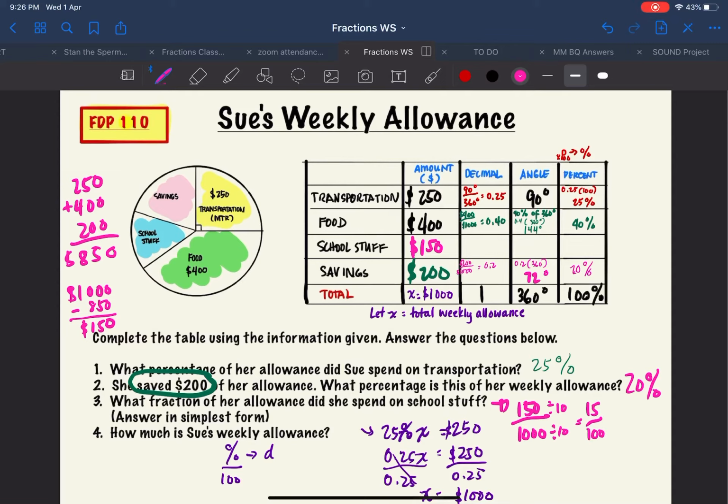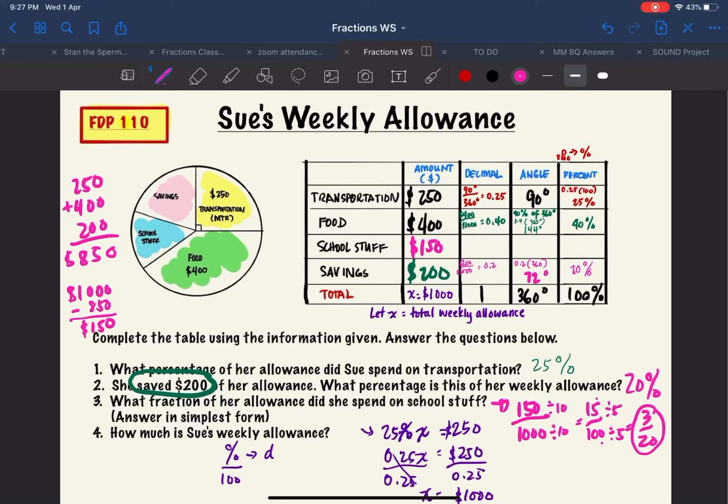Now, 15 ends in 5, 100 ends in 0. That means both of them are divisible by 5. So what do you have left? 3 over 20. So the fraction that she spent on her school stuff is 3 over 20, simplified.